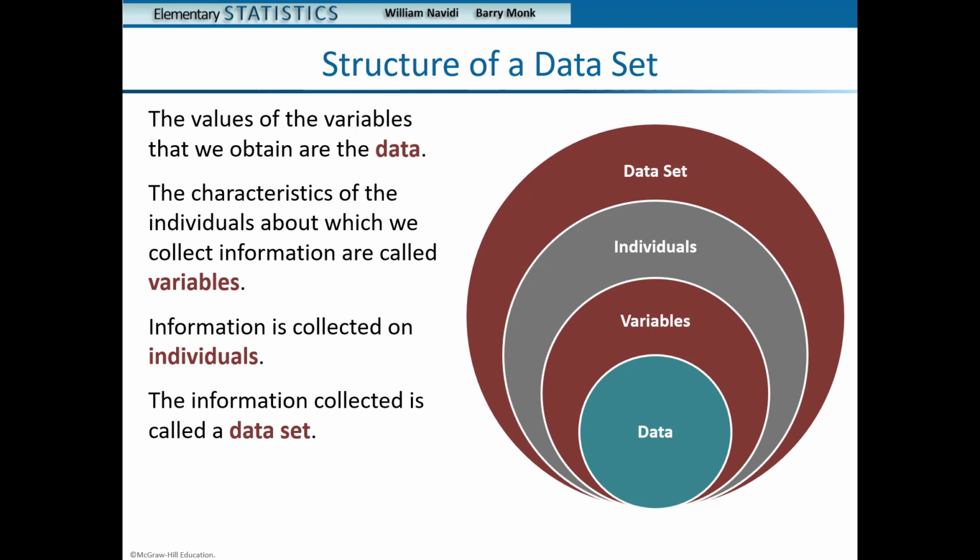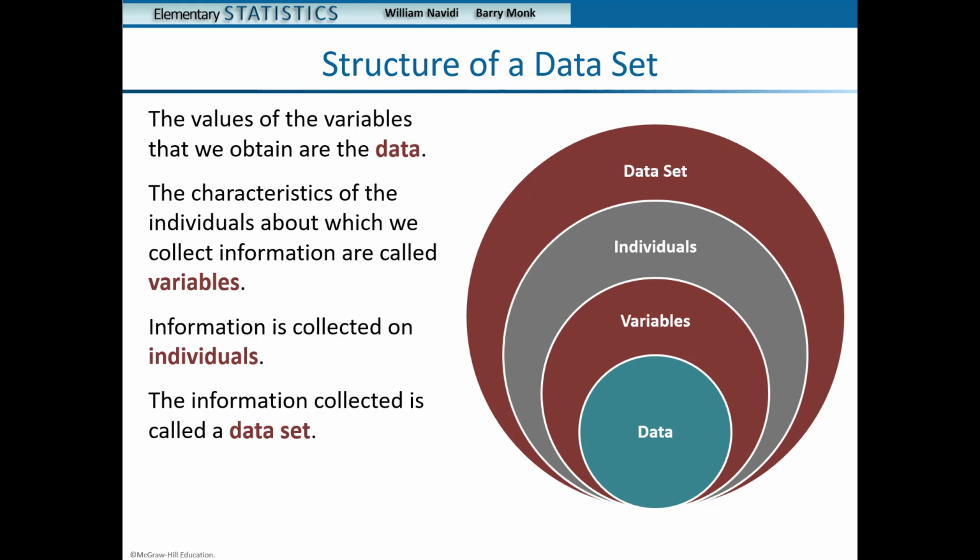Now, typically when we are collecting or gathering a data set, we are focusing our study on some specific variables. Variables are really basically any characteristic of the individuals in our sample. Okay, and each variable will have specific values.